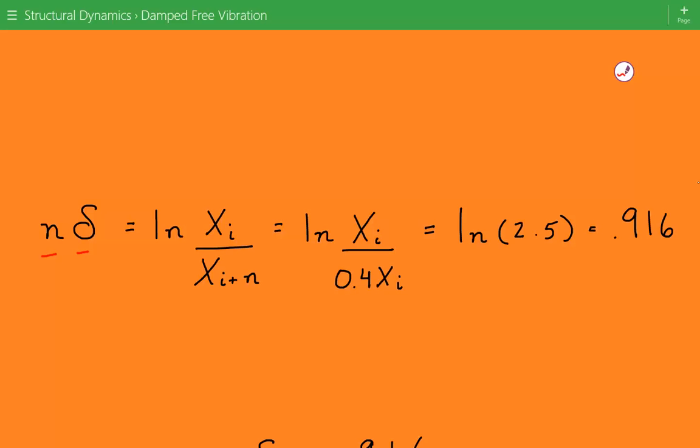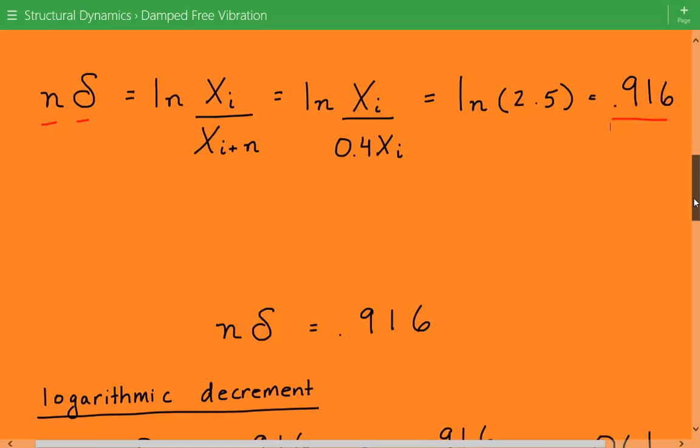We simplify this a little more. It's the natural log of xi divided by xi plus n, which is equal to 0.4 times xi. So that comes out to be the natural log of 2.5, which is equal to 0.916. So n times delta equals 0.916.